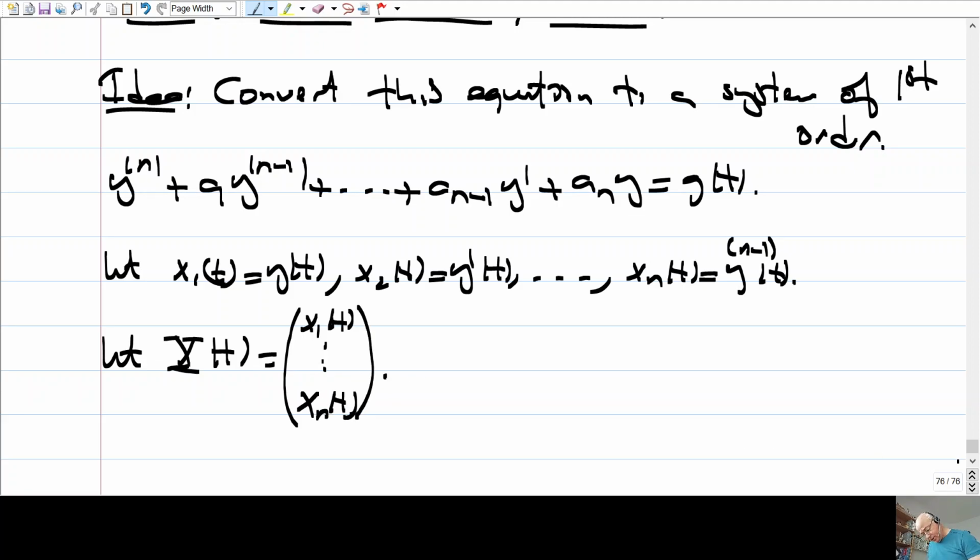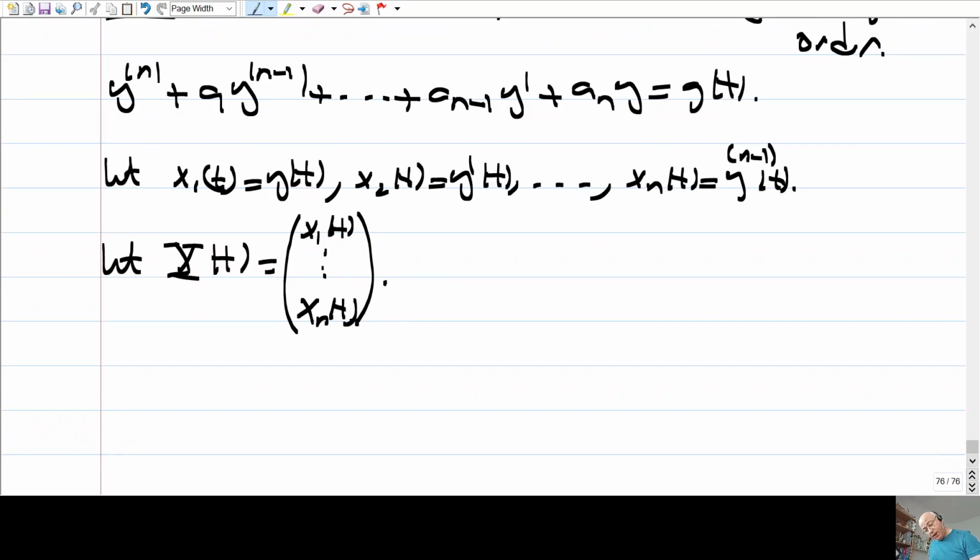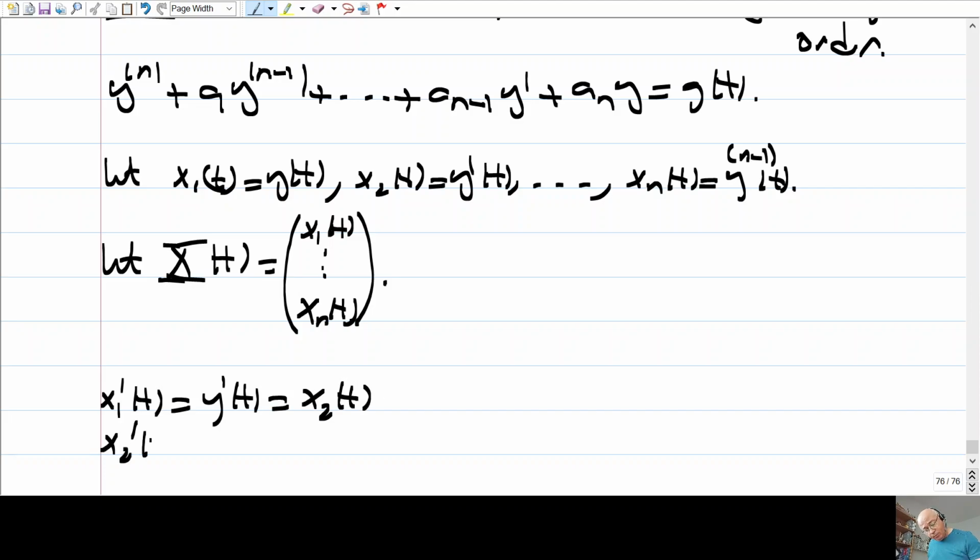All right. Then what are the derivatives? So what is x1 prime? x1 prime is just y prime(t), but y prime in terms of x is just x2(t). What about x2 prime?